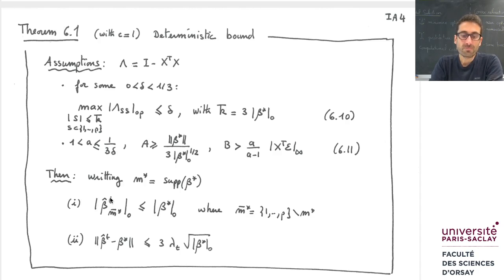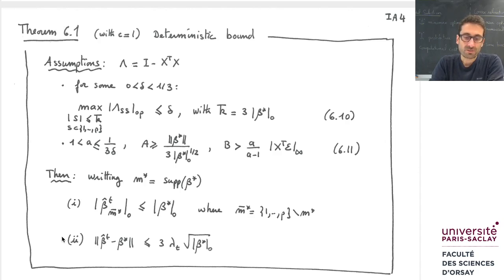So maybe this estimator will select some variables which are not in the support of beta star, but not too many of them, not more than the number of non-zero coordinates in beta star.